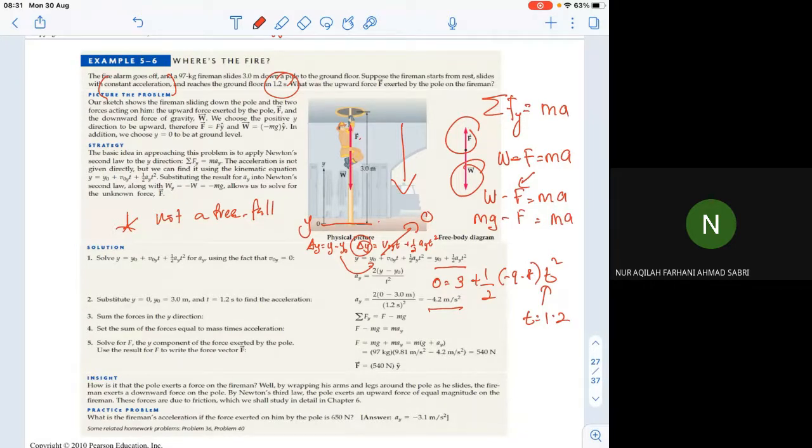In the suggested operations here, let me emphasize more on this part. In this suggestion, it gives you F minus mg.